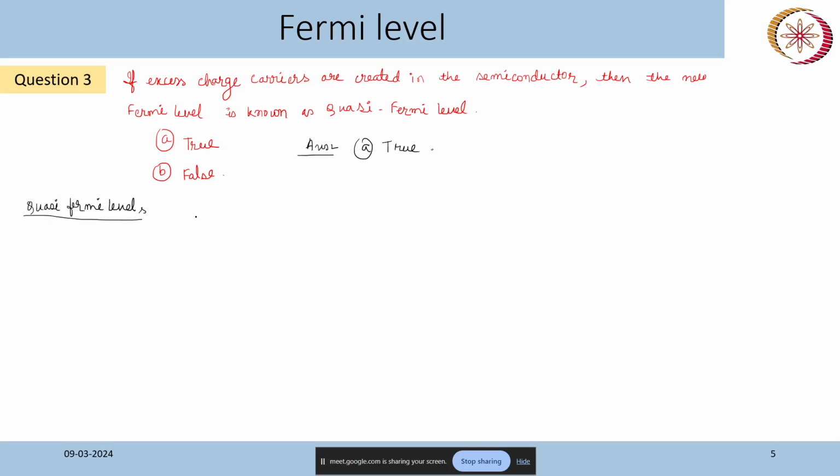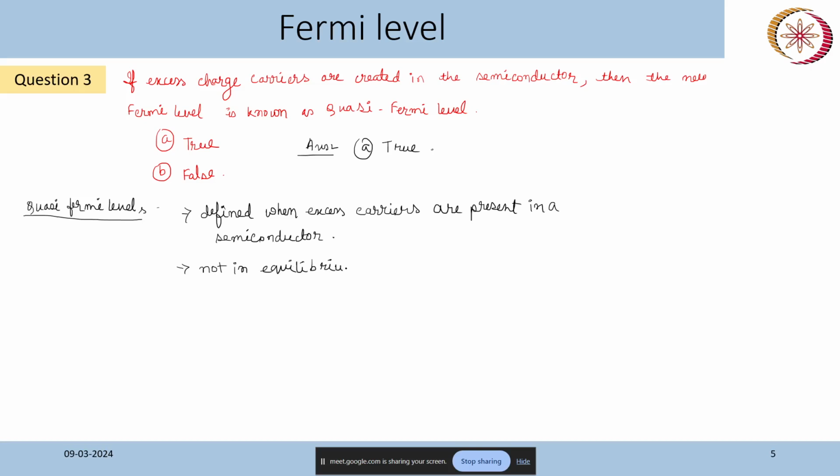Quasi-Fermi levels are defined when excess carriers are present in a semiconductor, that is, the system is out of equilibrium.